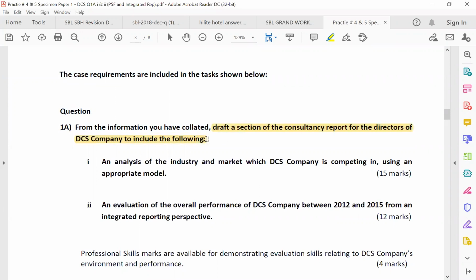You will just be drafting a section of the consultancy report for the directors of the DCS company to include the following. Sir, does analysis only include identifying the whole situation? Yes. An analysis of the industry and market in which DCS company is competing, using an appropriate model.